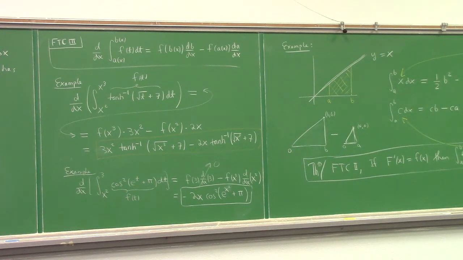So apply the mean value theorem on the subinterval [x sub j minus 1, x sub j]. That's the jth subinterval. What does the mean value theorem say?